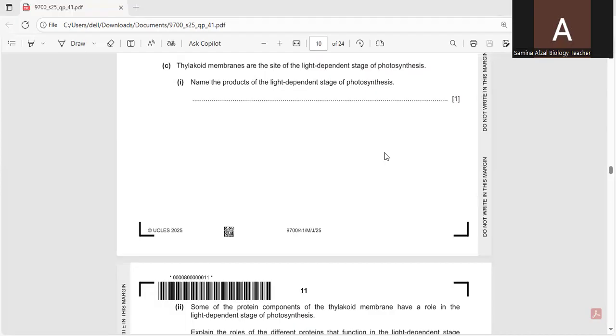ATP, formation of ATP, and reduced NADP, and oxygen.